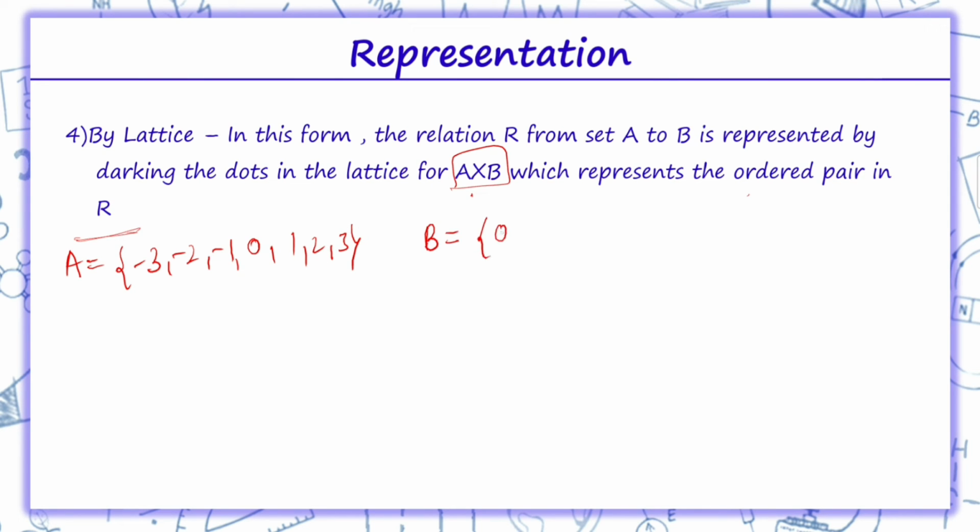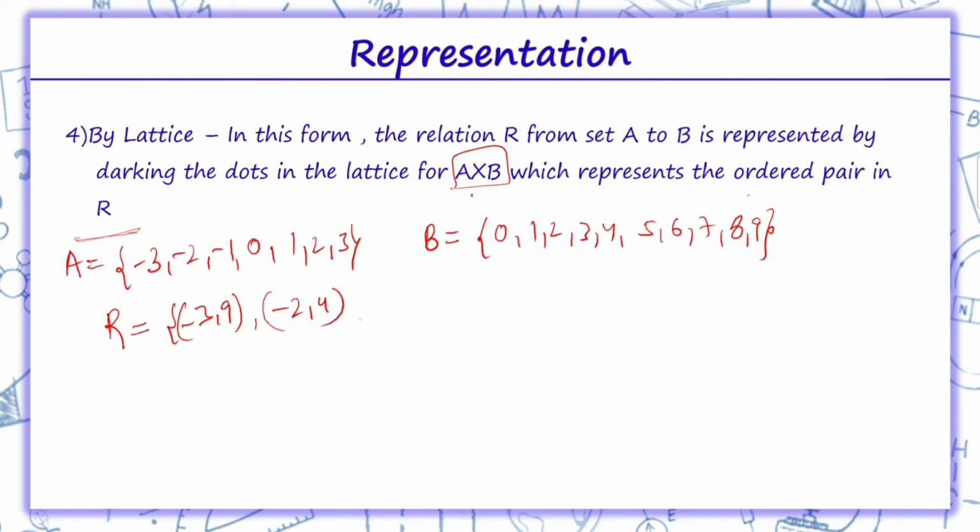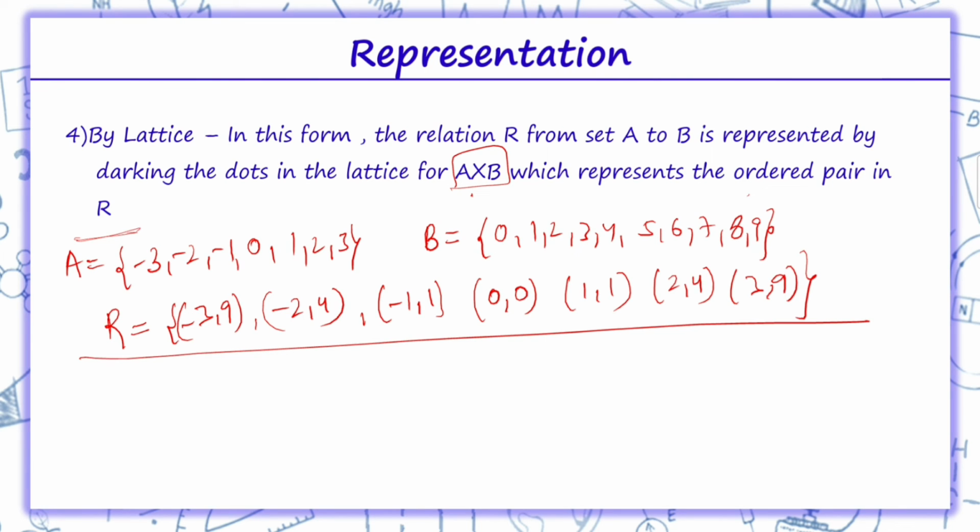Set B is 0, 1, 2, 3, 4, 5, 6, 7, 8, 9. And the relation given to us is (-3,9), (-2,4), (-1,1), (0,0), (1,1), (2,4), (3,9). Now this is the relation given to us.